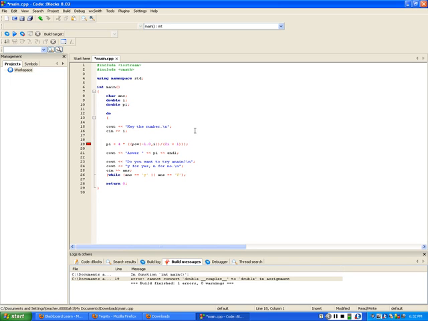So we're going to do for, let's read n. For int I equal 0, I less than n, I plus plus. Okay, we're going to do this.